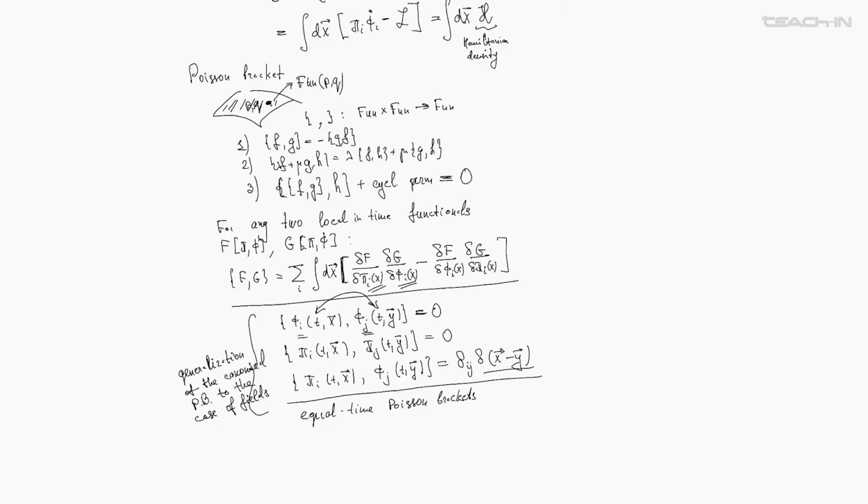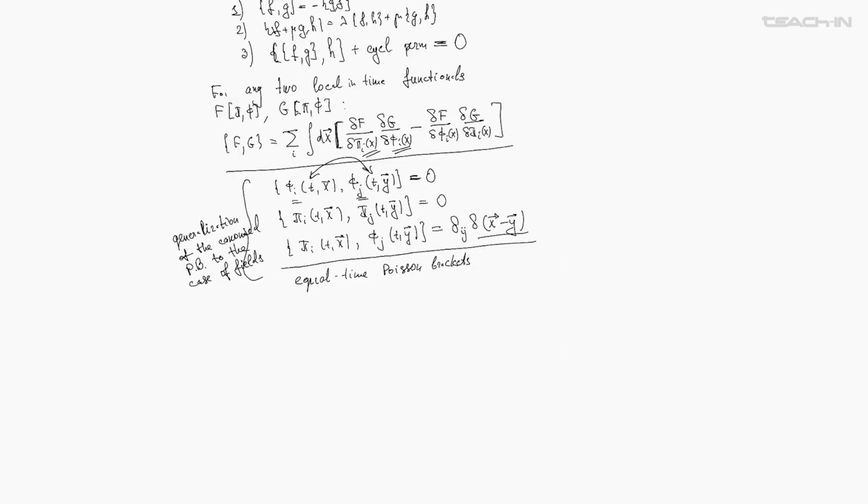Now, if we have the Poisson structure or Poisson bracket on our space of fields, then we can... Sorry to interrupt. What if it's for different time?